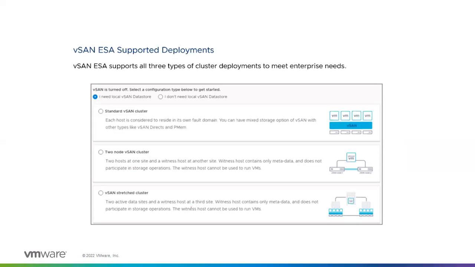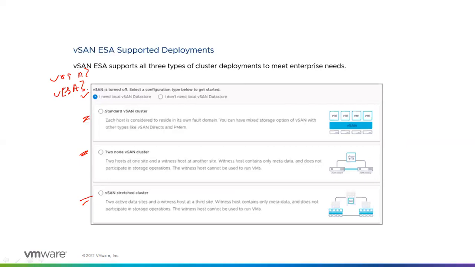Then, as I said, supported deployments: what can we do with ESA itself? We can do a standard vSAN cluster, a 2-node cluster, a vSAN stretched cluster. All the configurations are possible with the ESA architecture, right? Before this wizard, you will get one more wizard where you select either OSA or ESA.